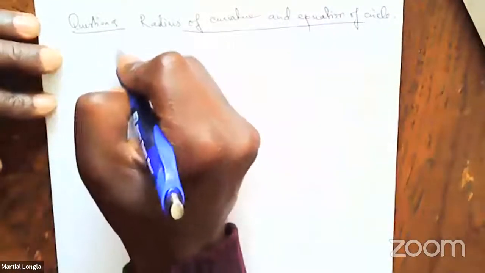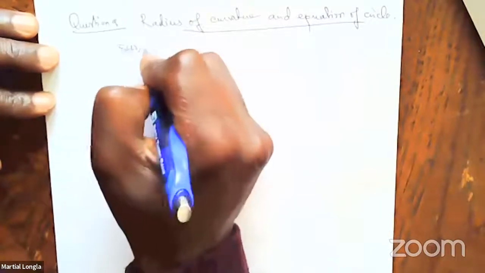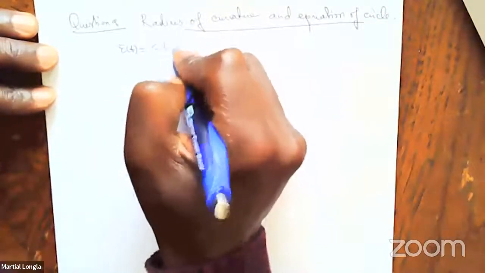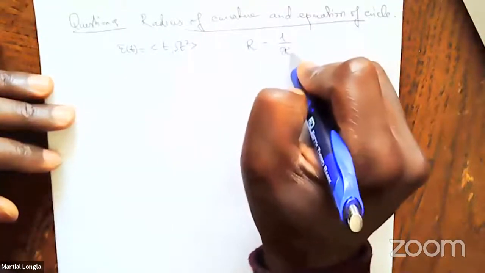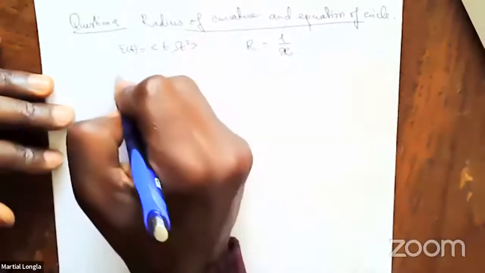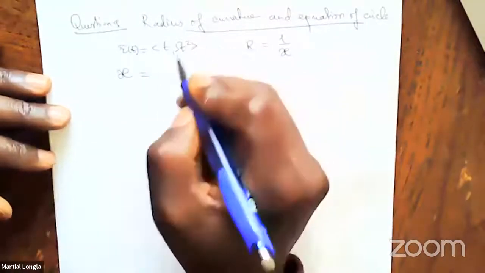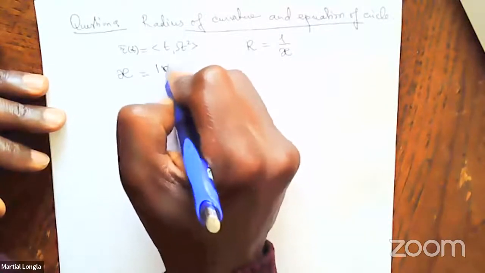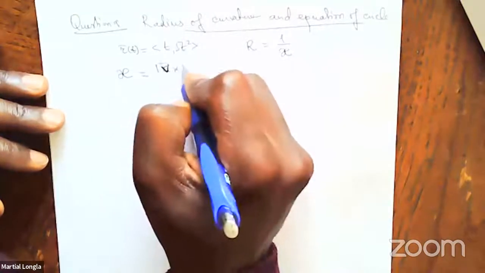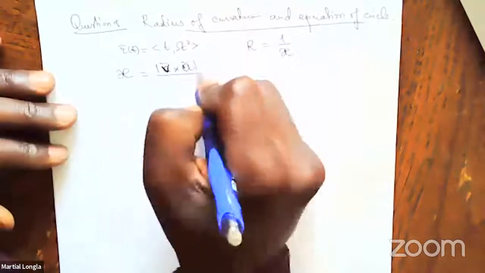And so we have r of t equals t, 5t squared. And the radius of curvature is 1 over the curvature. And the curvature we just found is the magnitude of v cross a over magnitude of v cubed.